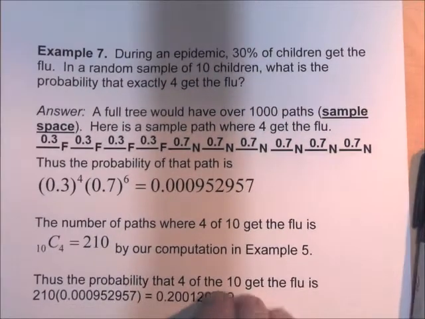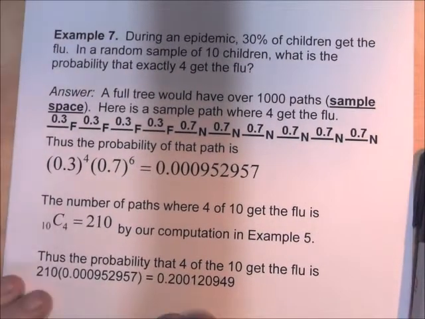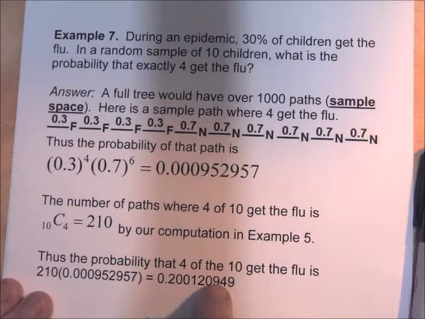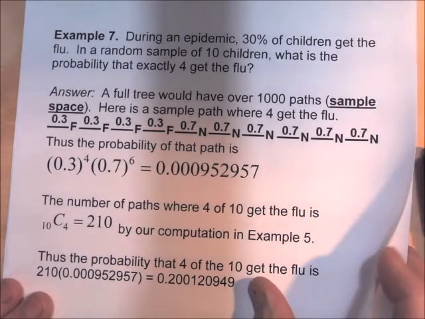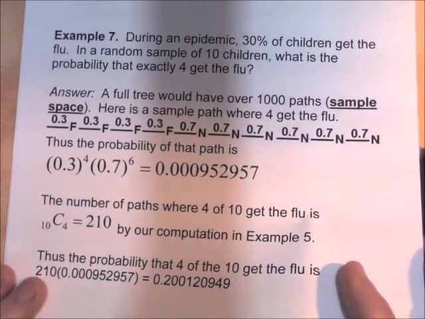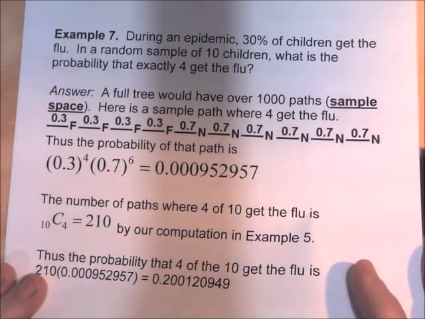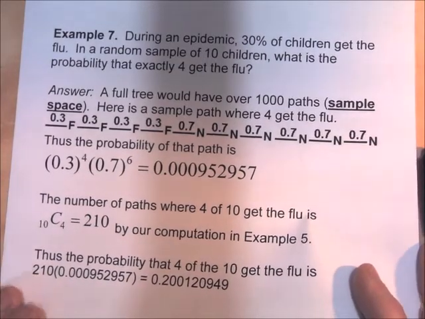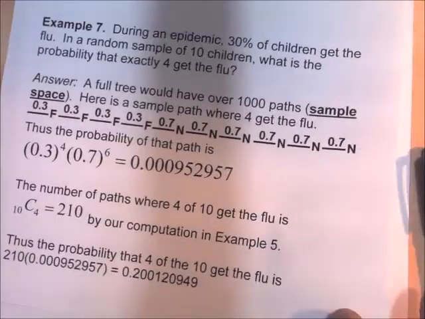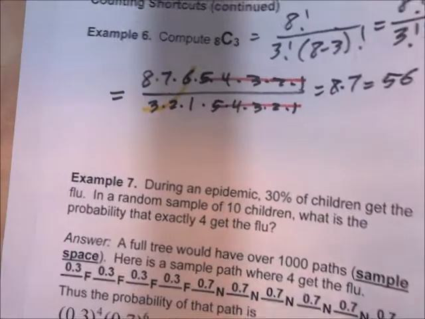So the probability that 4 of the 10 get the flu is going to be 0.200120949, or approximately 0.2. So that's the main place that we'll be using these counting shortcuts, with binomial random variables, which we'll get more into later.